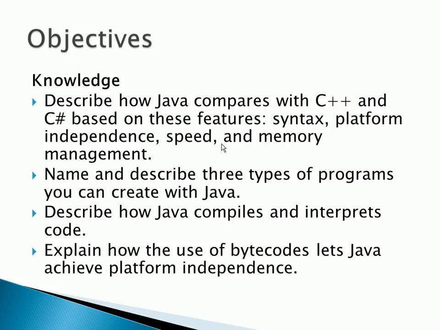We also are going to describe some of the most common uses of Java applications. We're going to review how Java compiles and interprets code, and understand how bytecodes let Java achieve the goal of platform independence.